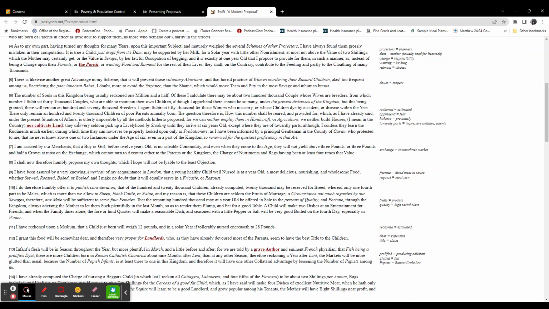Is utterly impossible by all the methods hitherto proposed, for we can neither employ them in handicraft or agriculture. So it's not like we can put the children to work. So I mean, the only thing is that I guess we just have to eat them because we can't make them useful, sound members of society, right?